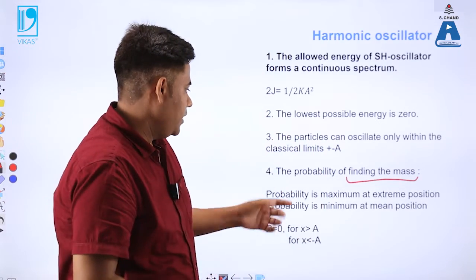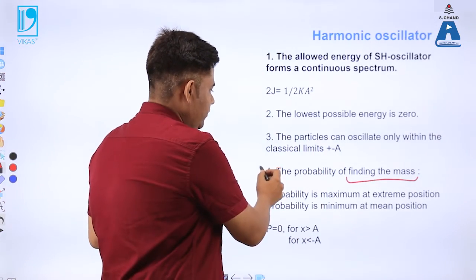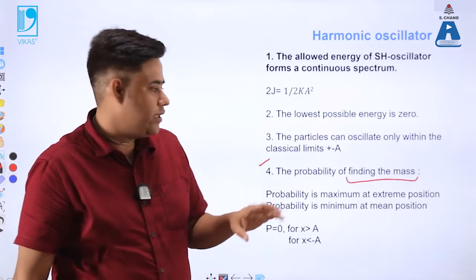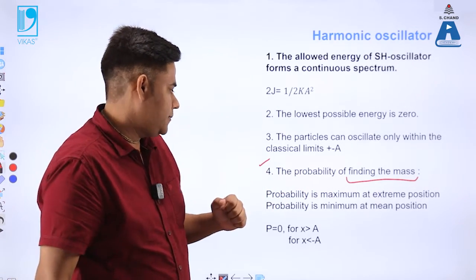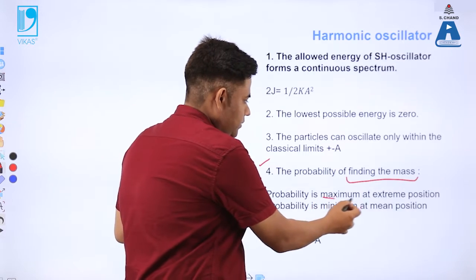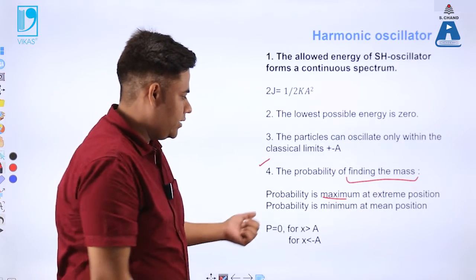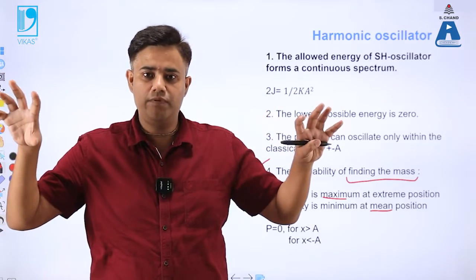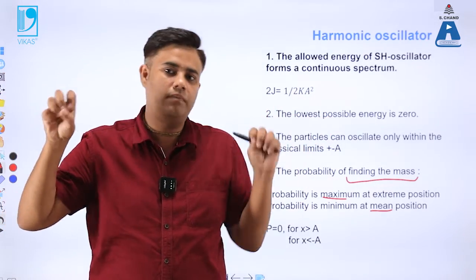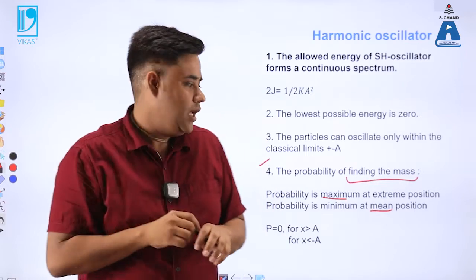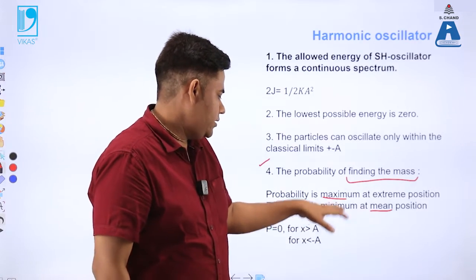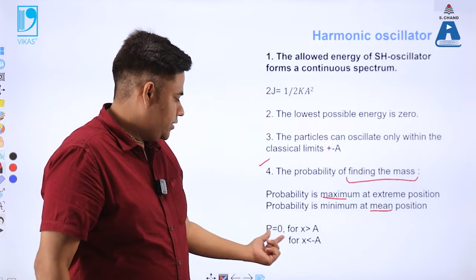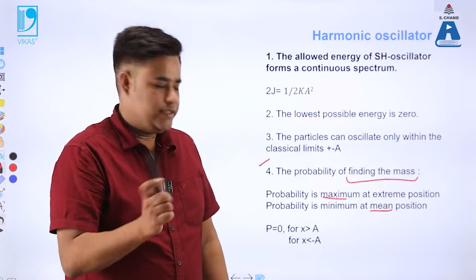So the point of conclusion is that the probability of finding the mass is at that location wherein we can find that particle. The probability is maximum at the extreme position, and the probability is minimum at the mean position, because at the extreme positions the particle would stop for a period of time, and at the mean position the probability is minimum. And we have a probability 0 in the forbidden regions.